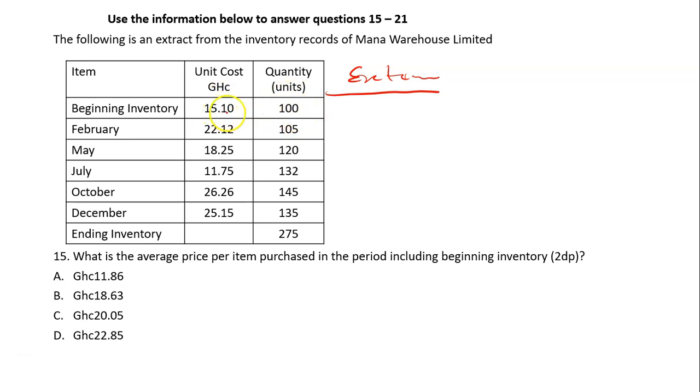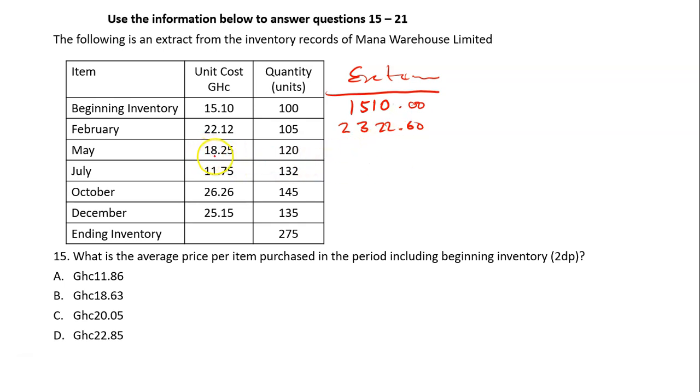Okay, so 15.10 times 100 should give you 1,510. Then for February, 22.12 times 105, you get 2,322.60. Okay.